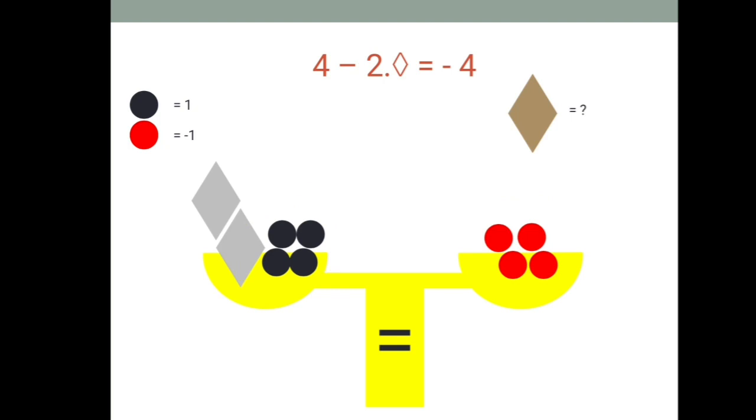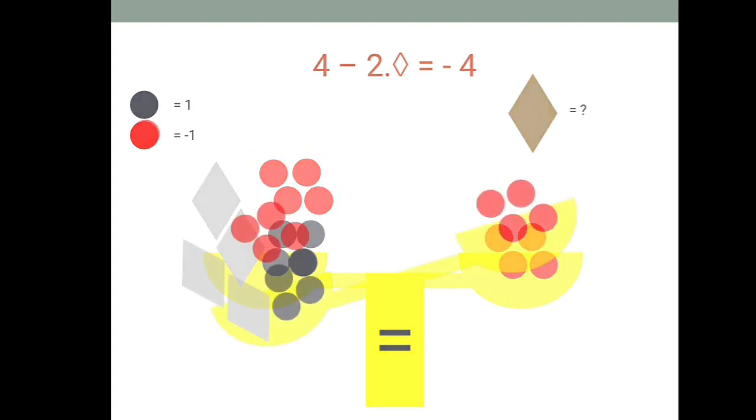How? Yeah, we have to add 4 red balls in here to the left hand side, because 4 plus minus 4 is equal to 0. So I put 4 red balls in here, so it will become 0. But what happened next?